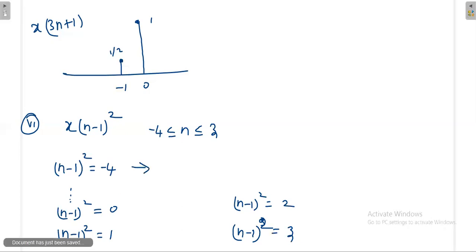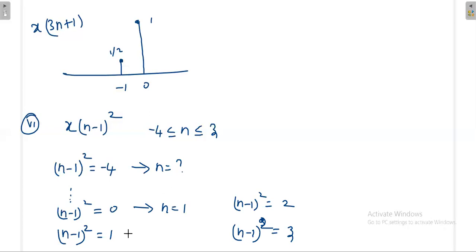From this you cannot calculate n, because it will become complex. That is invalid. So up till minus 1, n will be invalid, because n will become complex. Once n minus 1 whole square is equal to 0, then n minus 1 is equal to 0, so n is equal to 1. That means whatever you have originally at n is equal to 0 will be mapped to n is equal to 1 in the new diagram.